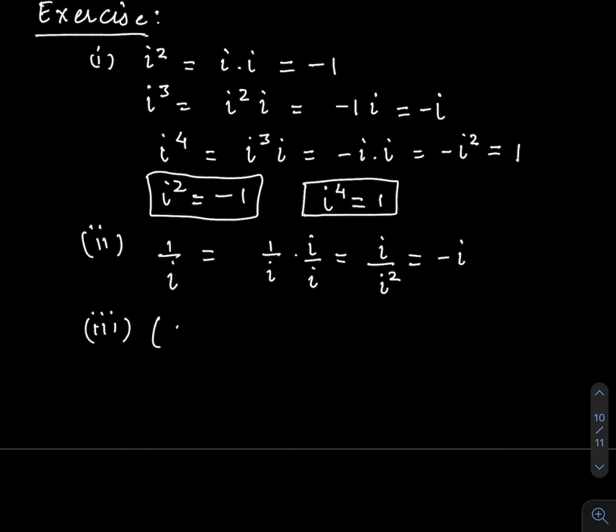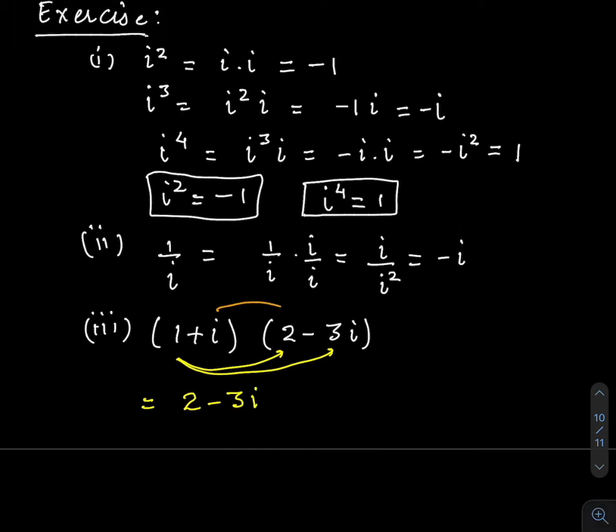Let's see the product of two complex numbers. Suppose we have (1 plus i) times (2 minus 3i). How do we do the product? We use the same distribution rules. So 1 times 2 is equal to 2. 1 times -3i is equal to -3i. And then we distribute i.